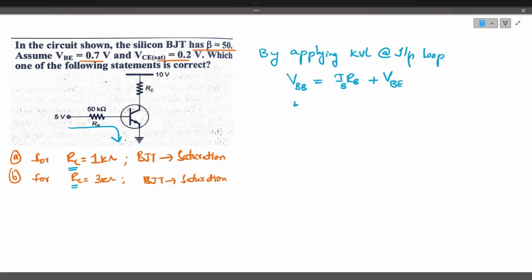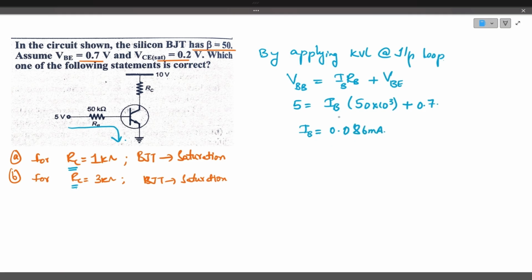Here VBB is 5 volts, the base current is not known, base resistance is 50 kilo ohms, and base emitter voltage is 0.7 volts. So the base current is equal to 0.086 milliamperes.